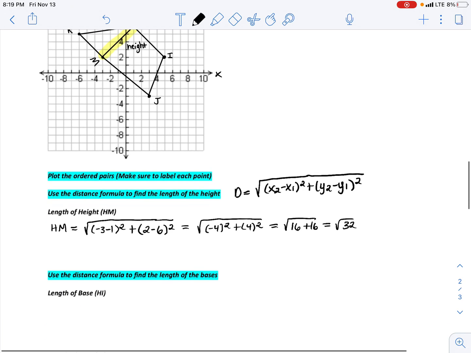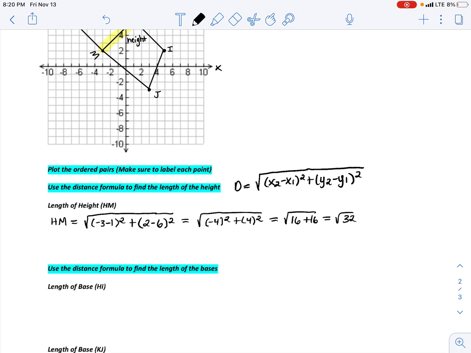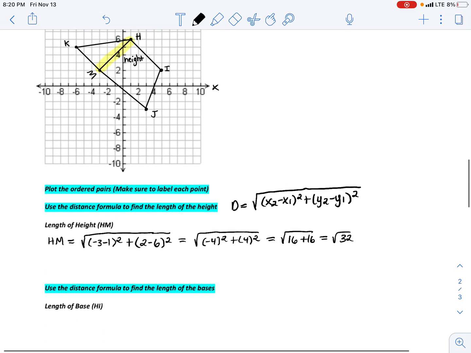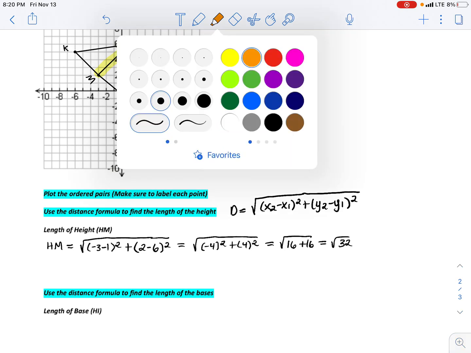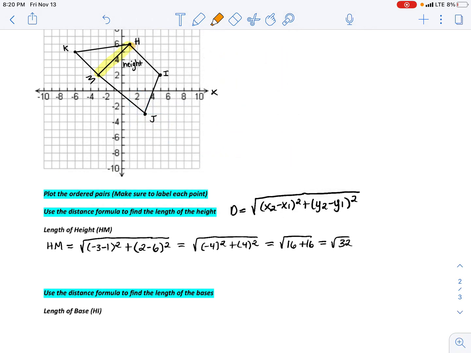Okay, now I want to use the distance formula to find the length of my bases. So here are my bases. I'm going to show you them highlighted in the problem. So HI is one of them.